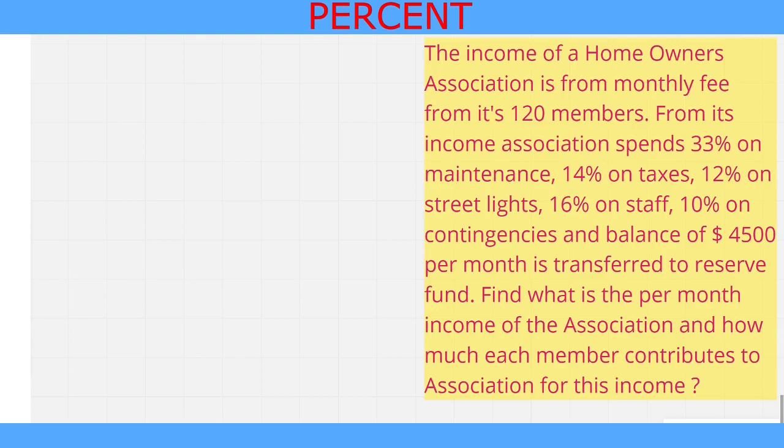So we proceed like this: 33% for maintenance, plus 14% for taxes, 12% for street lights, plus 16% to staff, plus 10% for contingencies.